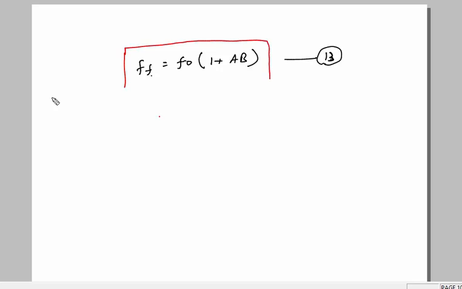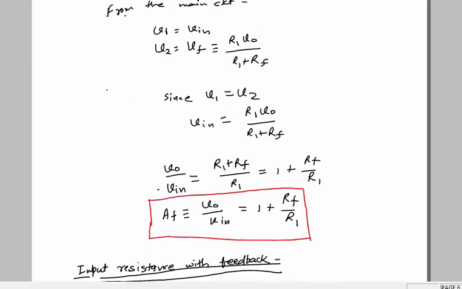So we get FF equals F naught times 1 plus AB, equation number 13. This represents that the bandwidth with feedback is increased by a factor 1 plus AB. So the bandwidth with feedback FF is 1 plus AB times the bandwidth without feedback F naught.